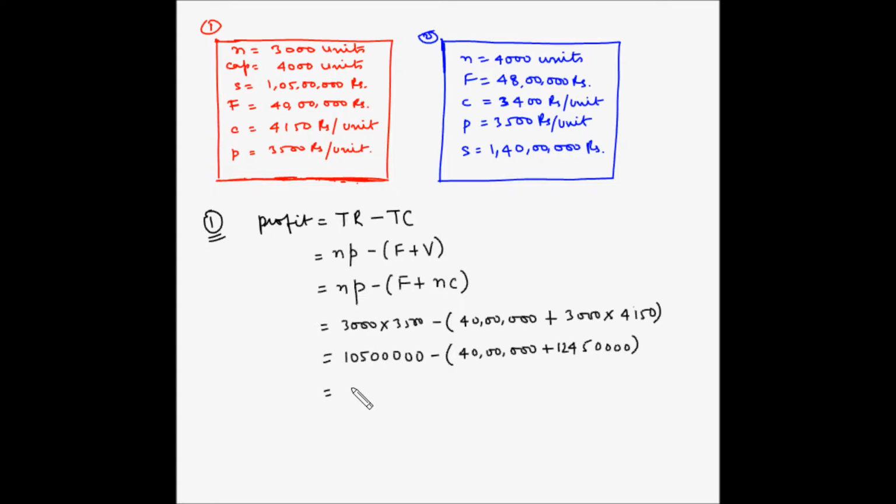So this is equal to 105,000,000 minus 164,500,000, and this turns out to be minus 59,50,000 rupees, and the minus sign indicates that this is not a profit but a loss of 59,50,000 rupees.